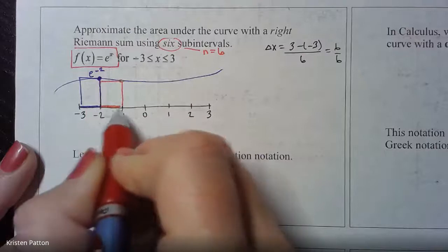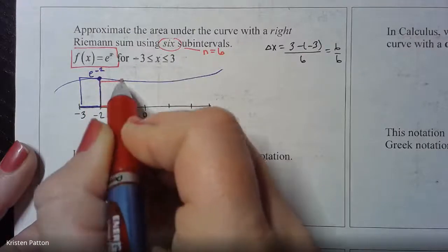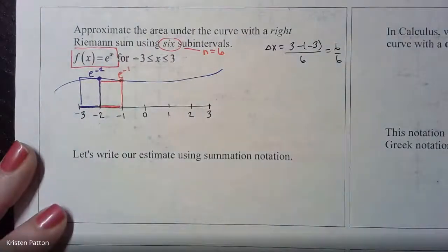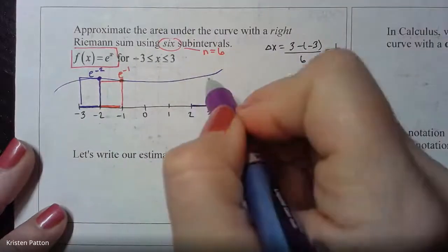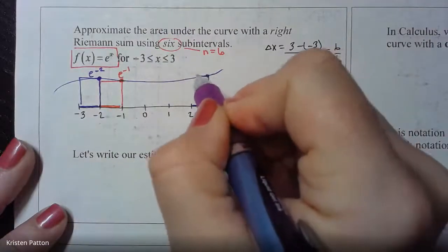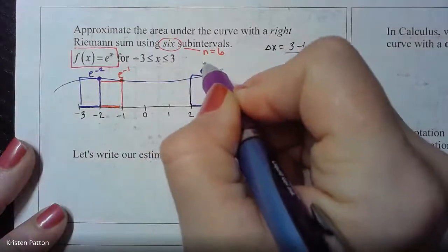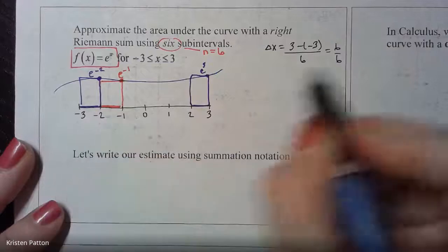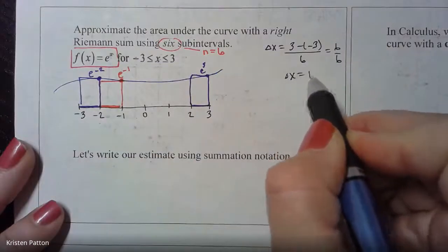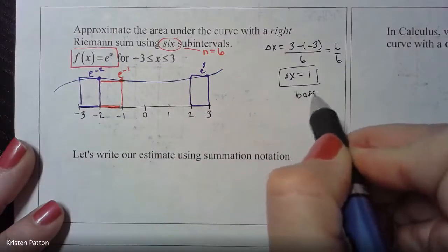Again, not an accurate picture. This is an x value of -1, so the height here is e to the -1. I'm going to go all the way until I get the last one, and on the right side, I have that 3, so the height here is e to the 3rd. The base of each rectangle, delta x, is 1.